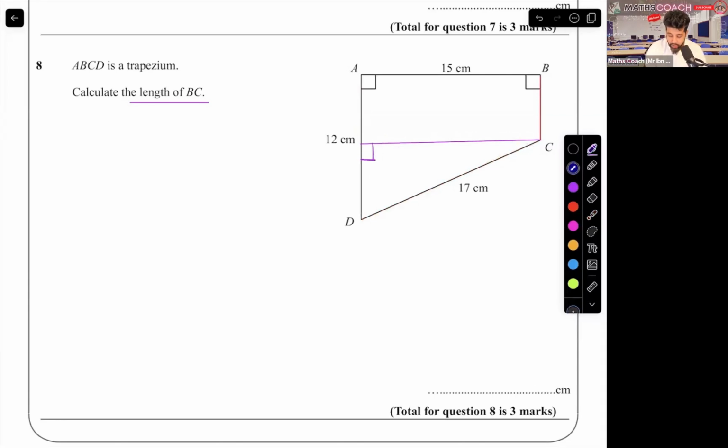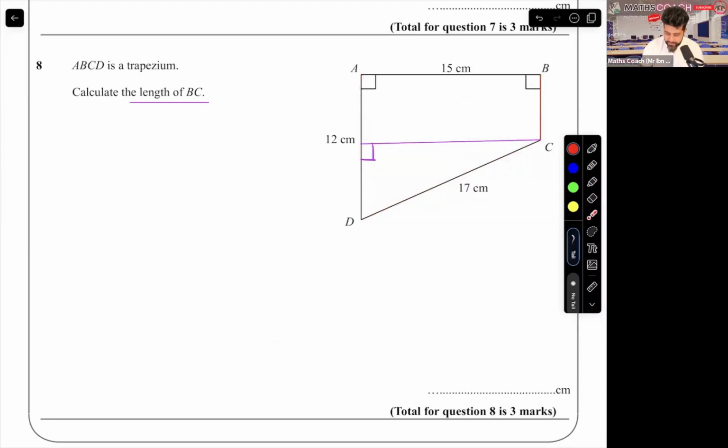Now, I'm going to draw out this triangle here. Listen to my aim very carefully. Why do I need to draw out this triangle? My aim was to find this length here. This length is the same as that length. You would agree because it's a rectangle.